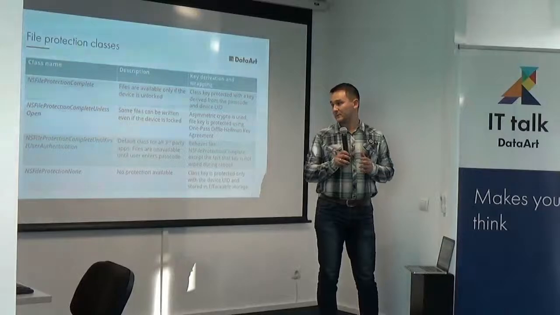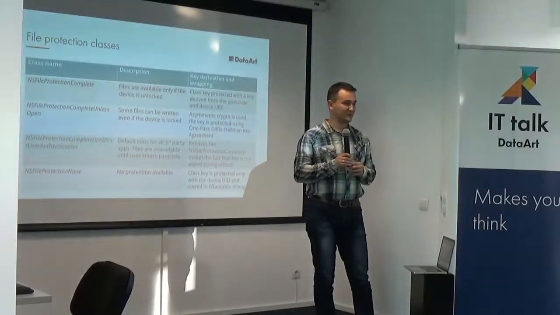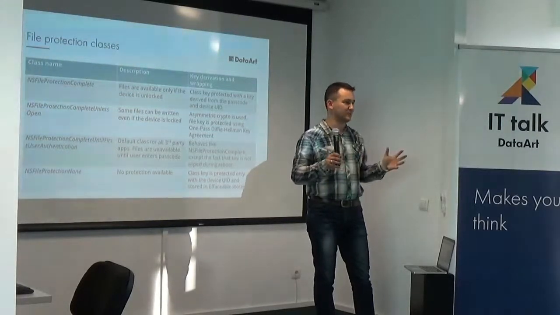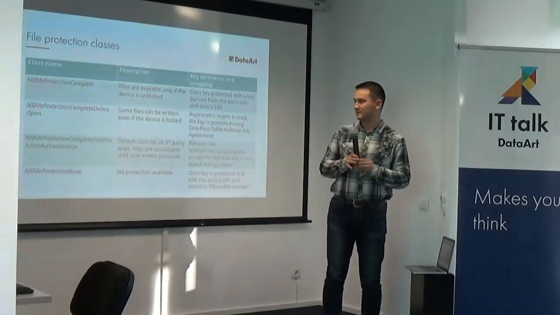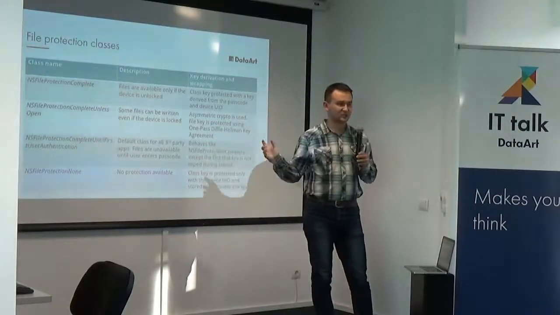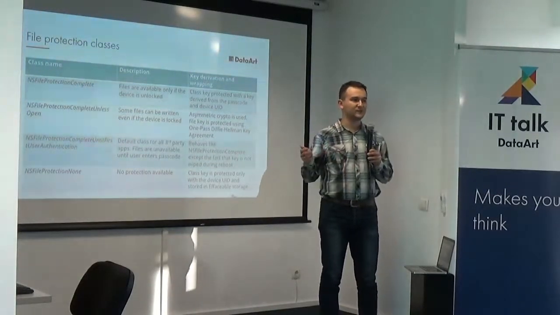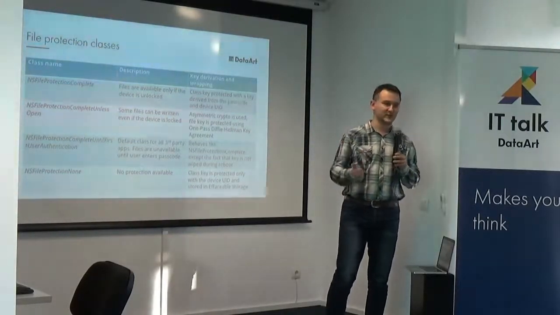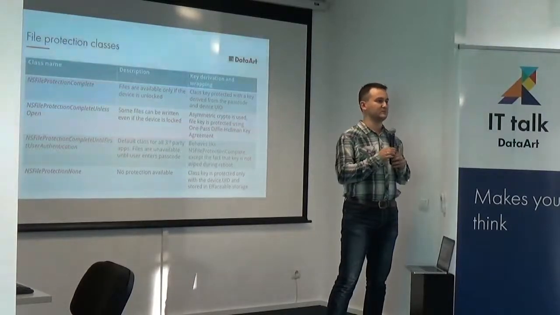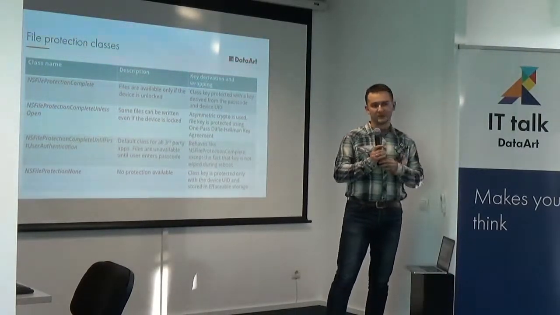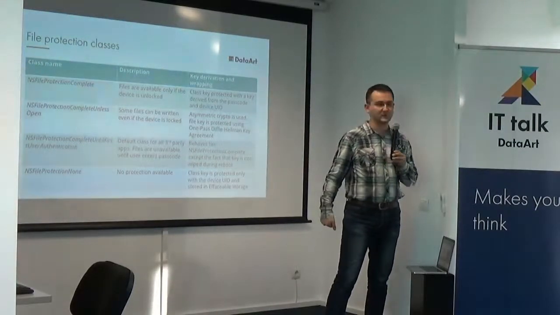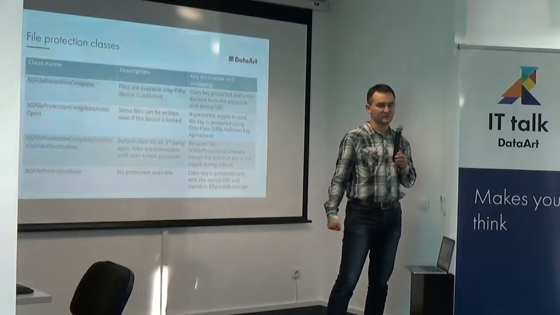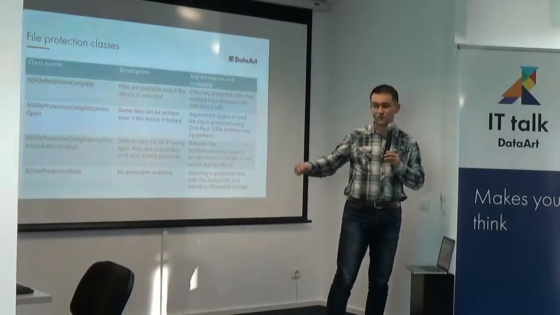I would recommend never using file protection none unless for some cache files which contain some crap or some open information. I would recommend using file protection complete for files containing sensitive information like user logins, passwords, password hashes, personal medical information, personal banking information, and so on. As for the others, we need to find the balance between complete unless open and complete until user's first authentication. If you have applications which actively use background fetch, then the second variant is your choice.